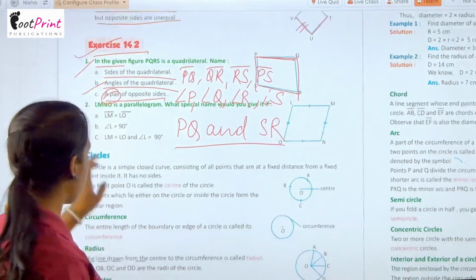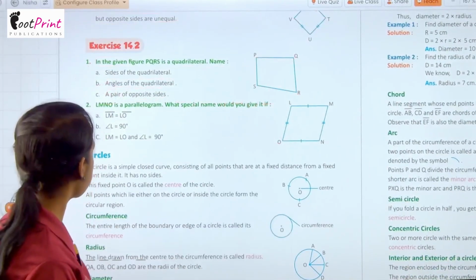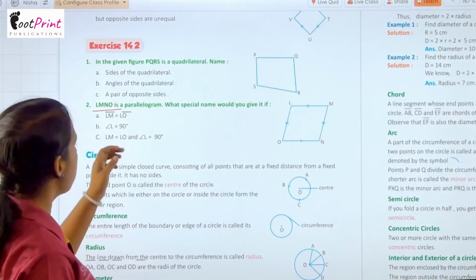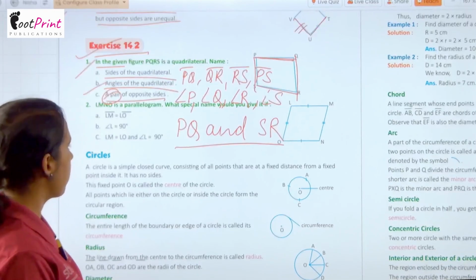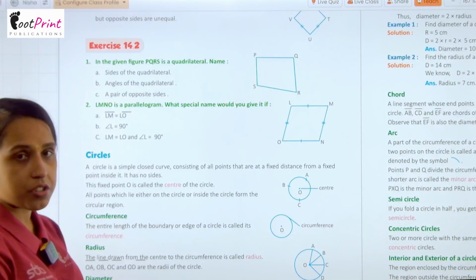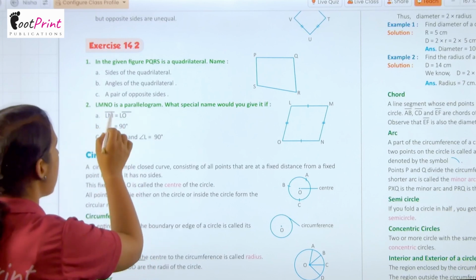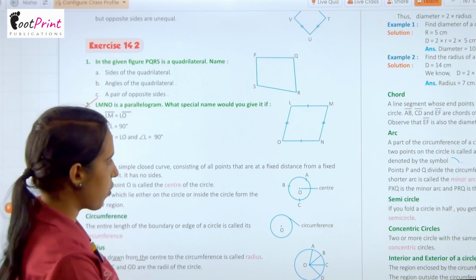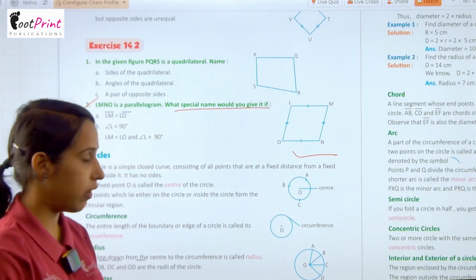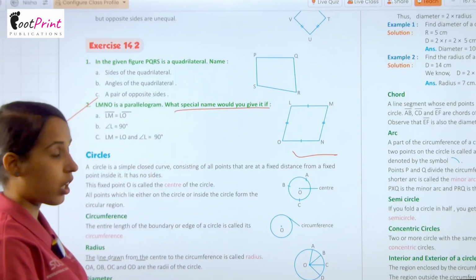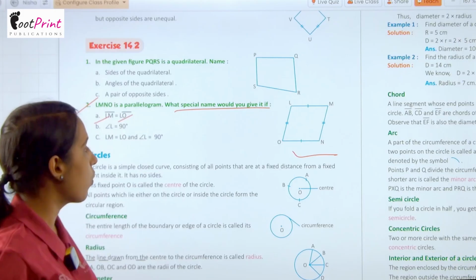Okay, and question number 2 is: LMNO is a parallelogram. So this one is a parallelogram. What special name would you give it if LM equals LO? LM will be equal to LO.